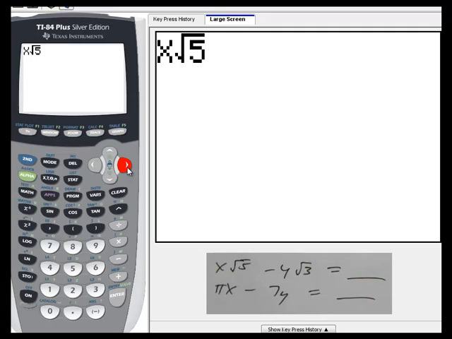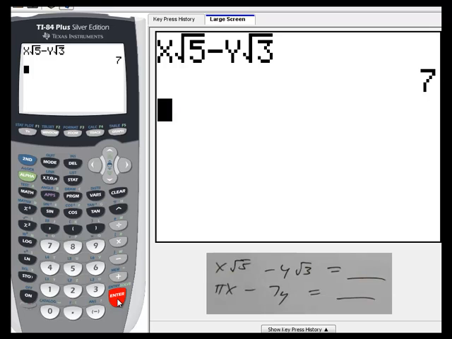Navigate forward, put an end to that square root sign, and subtract y, alpha y, square root of 3. Put an end to that square root sign. Okay, cross your fingers. 7. Good news. Okay, that's one check.